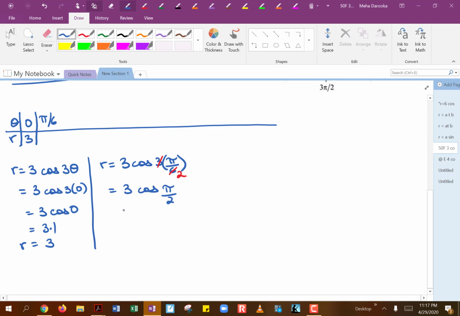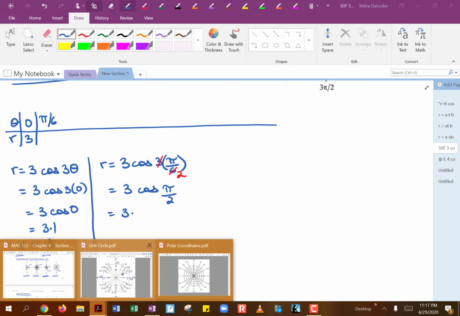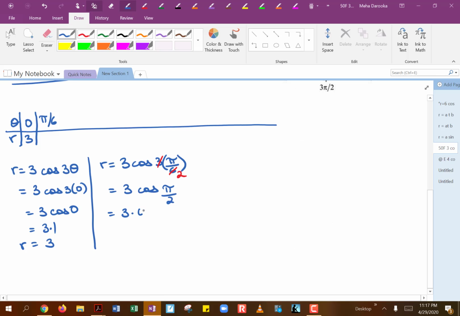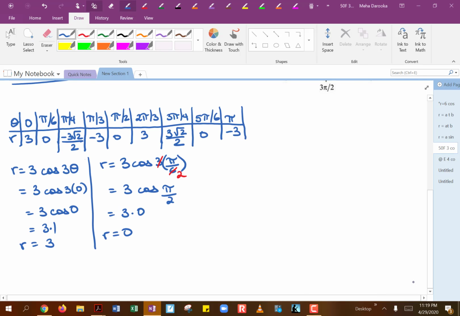So you would actually end up getting pi over 2 as your angle, and cosine of pi over 2 is actually going to be 0. So cosine of pi over 2 is 0, and of course 3 times 0 will end up giving you 0. And you can see that's how we would come up with our table. So go ahead and do this till you get all the way to pi.